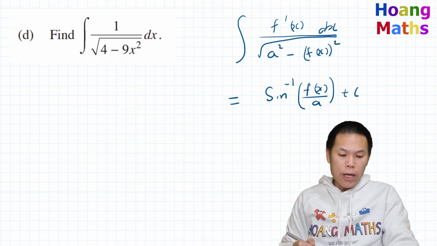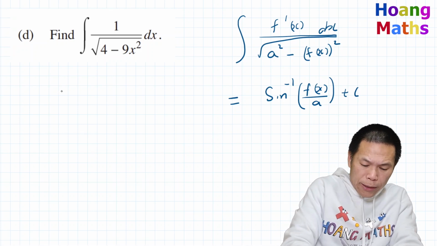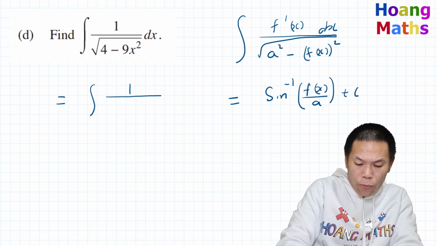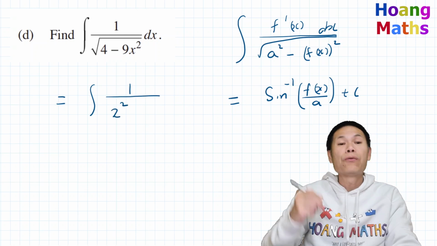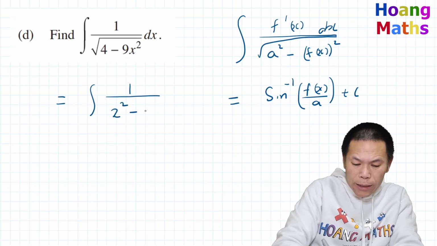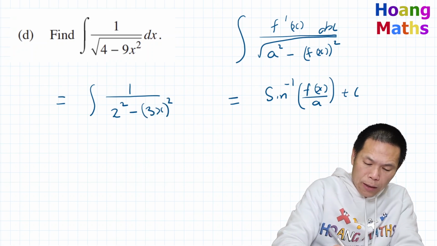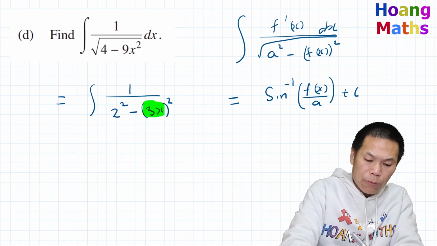Okay, so keep that in mind. So this means that this is exactly the same as integrate 1 over the square root of 2 squared, because 4 is 2 squared, minus 3x all squared. Okay, so that is f of x. Okay, keep that in mind.